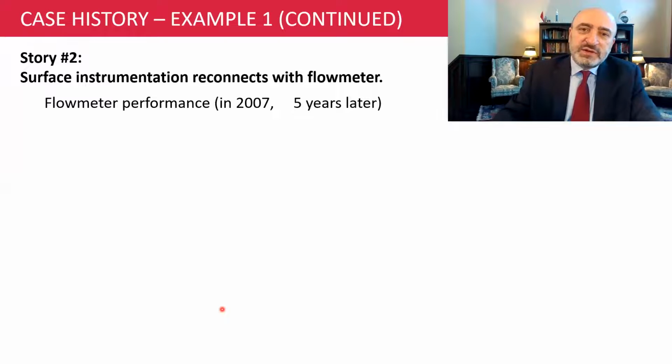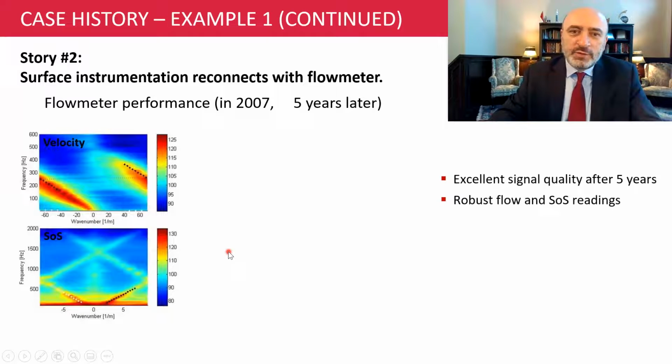So regardless, we brought a new topside instrument and connected it with the downhole flow meter. Once all the fiber connections were made, we started to receive the signal, and the quality of the signal was excellent. What we are seeing here is the power distribution for the velocity sensors and the speed of sound sensors.